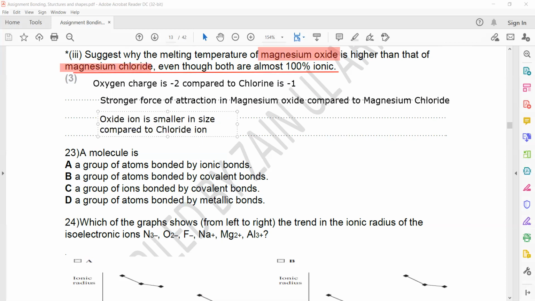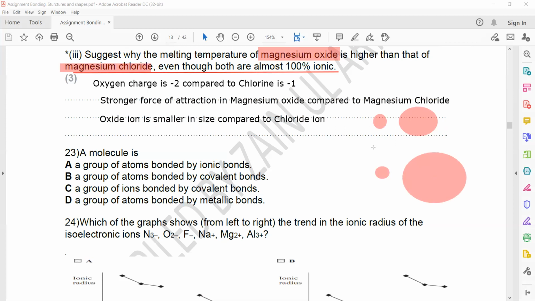So when ions are closer, they have a stronger attraction, that's why. So these are the points you should include: compare why magnesium oxide will have a higher melting temperature as compared to magnesium chloride.